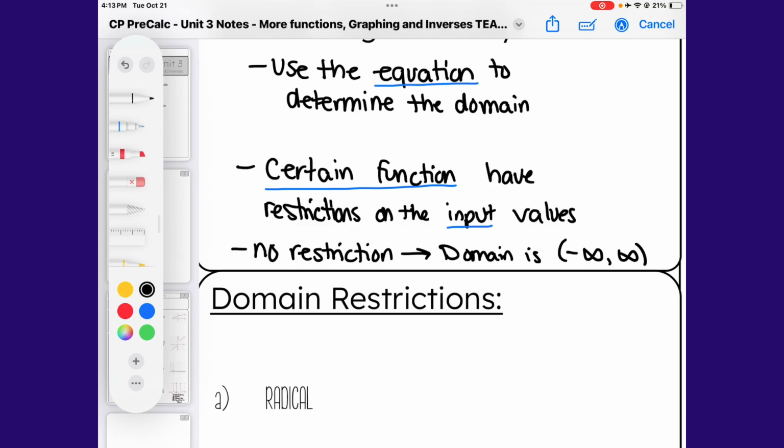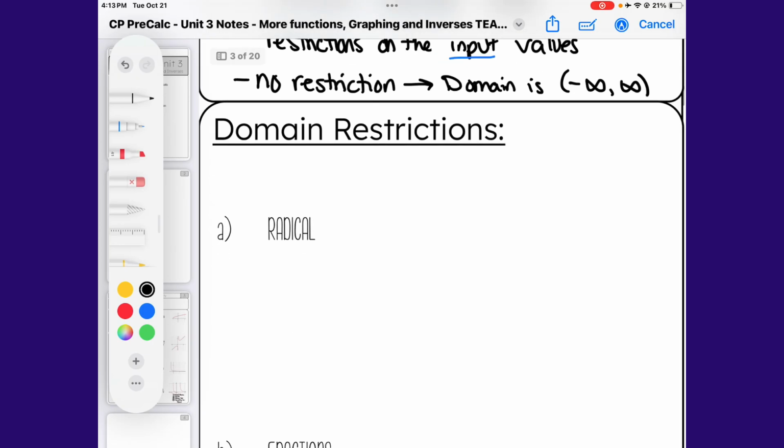The first function that we're going to look at that has a domain restriction is our radical. So if you had an equation like y is equal to the square root of something, whatever the value is underneath of here, this number has to be positive and it is allowed to be equal to 0.